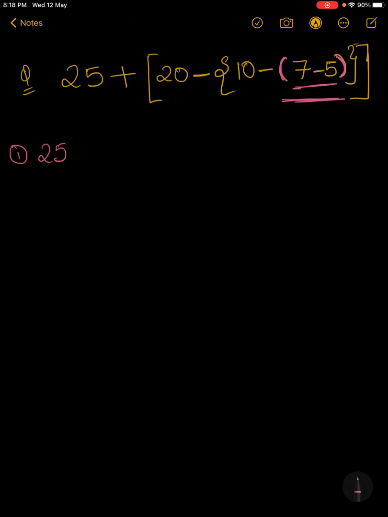So that would be 25 plus square brackets open 20 minus curly brackets open 10 minus, now 7 minus 5 gives us 2, and we have removed the small brackets in this process. Curly brackets closed, square brackets closed.